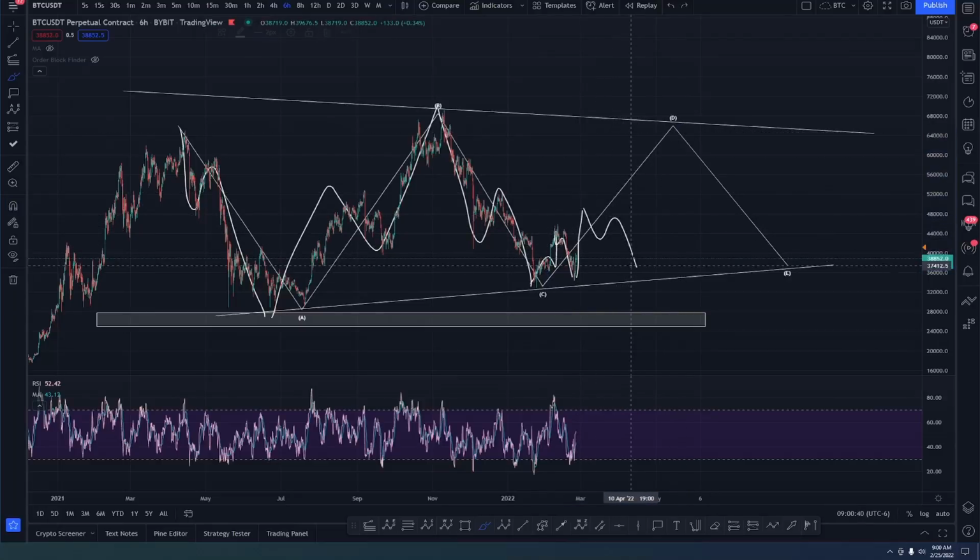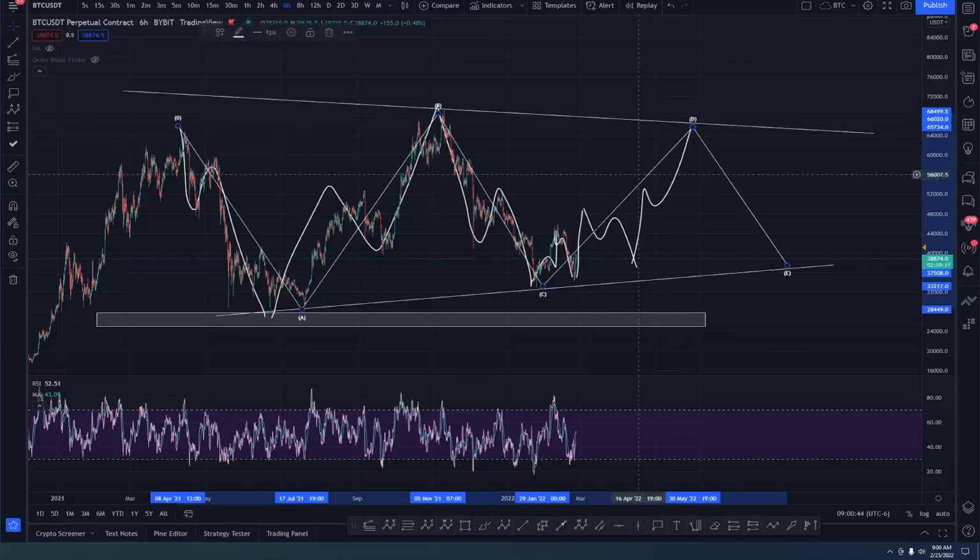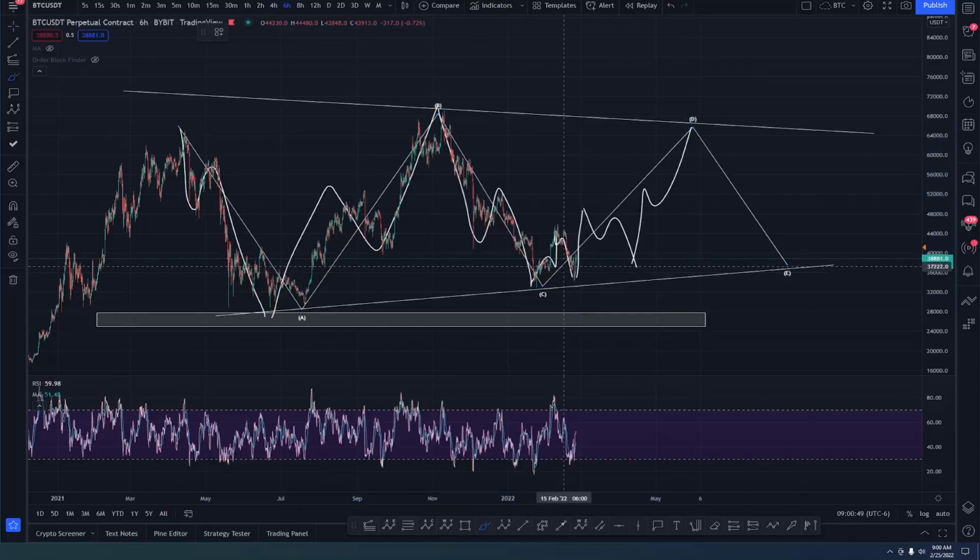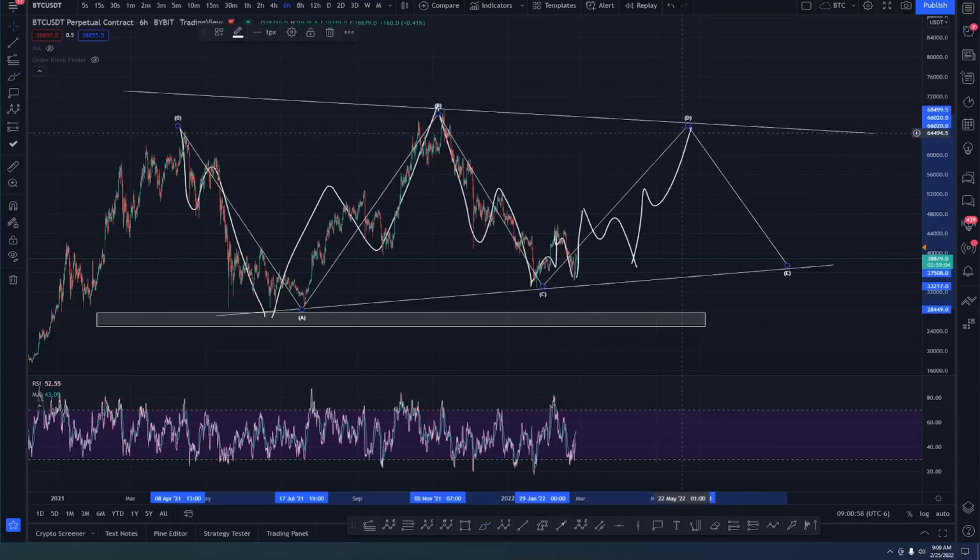We could make some kind of WXY as well. It could go up any number of ways, but I just need this to get up here in a large 3-wave fashion, and I would expect it would get complex on us based upon the size of what's going on right here. It's not very large, so it would need to get complex in order to get that finished.